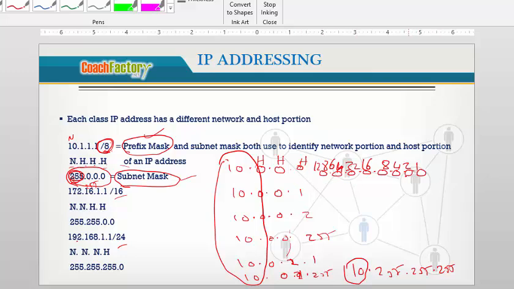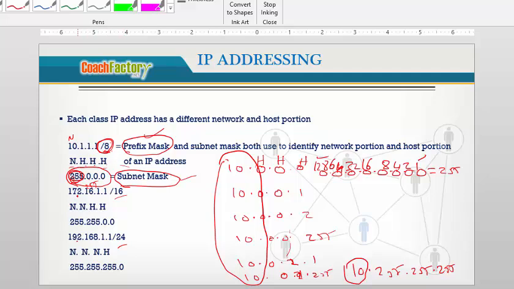These are the predefined values. When you add 1 to 128 and all the others, it becomes 255. So how do we calculate the subnet mask? Based on the bit values. And how do we calculate the prefix mask? Based on how many bits are in the network portion.